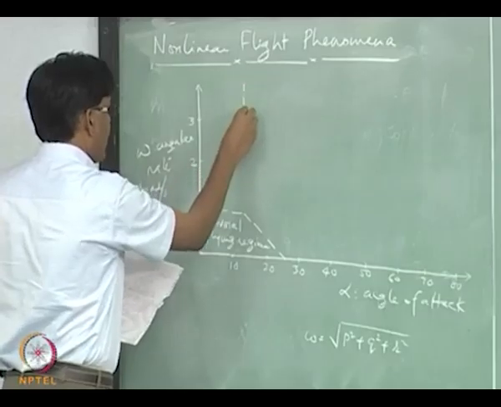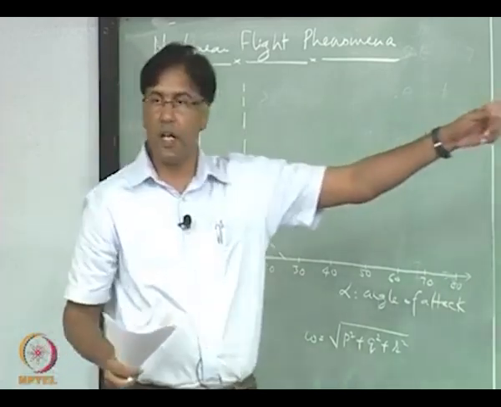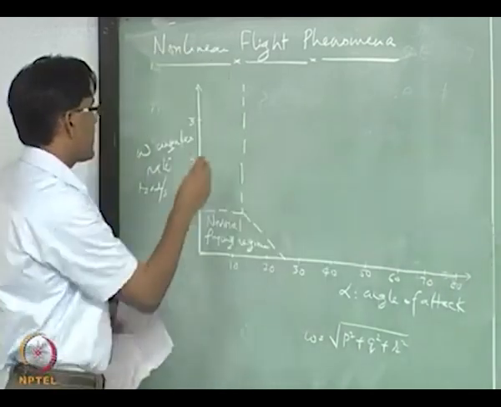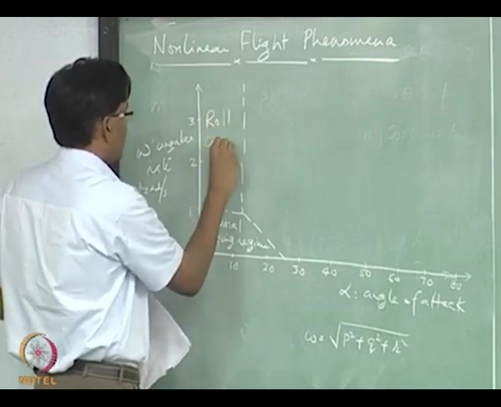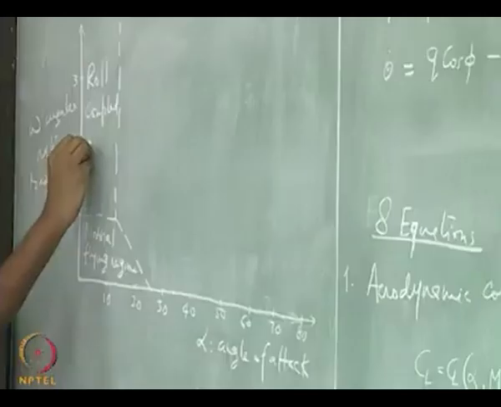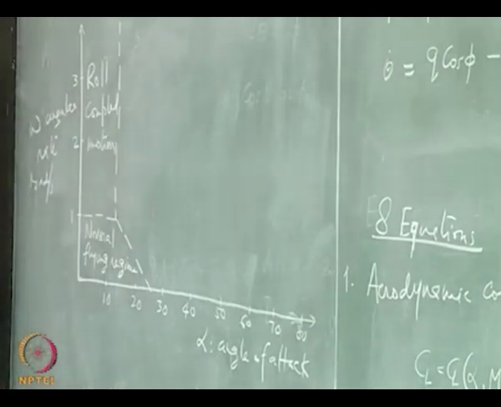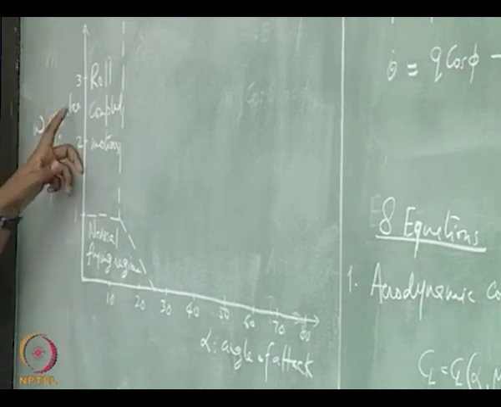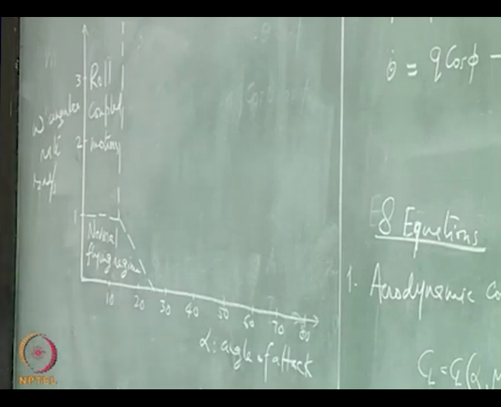And at low alpha, further because of the inertia coupling term, you see what is known as roll coupled motions, okay, at low alpha because of high angular rates, and this is mainly because of this Ixx term becoming very small.